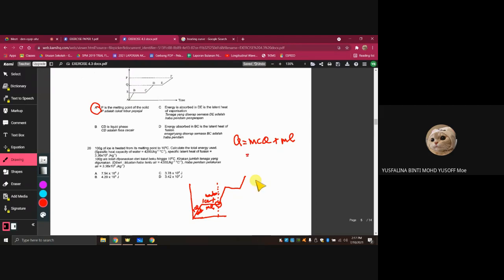The mass here is 0.1, I changed to kg. The c here for water is 4,200 and θ is 10. Plus 0.1 and L is 3.36 times 10 to the power of 5.